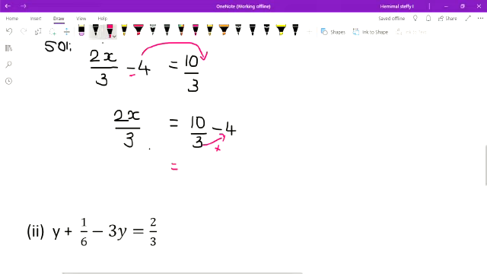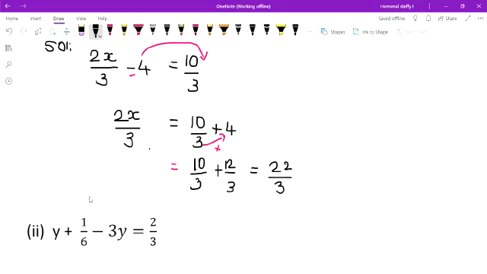Sorry, it changes to plus 4. 3 fours are 12, so 10 by 3 plus 12. Cross multiply means we have the same denominator, so 10 plus 12 gives 22 by 3.